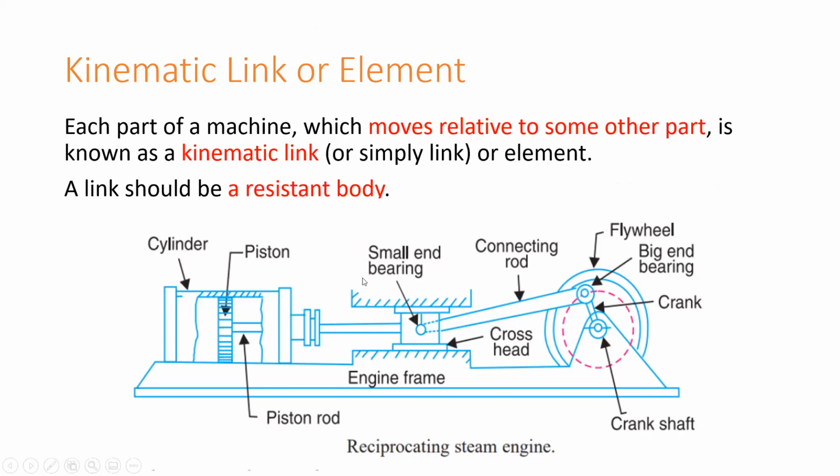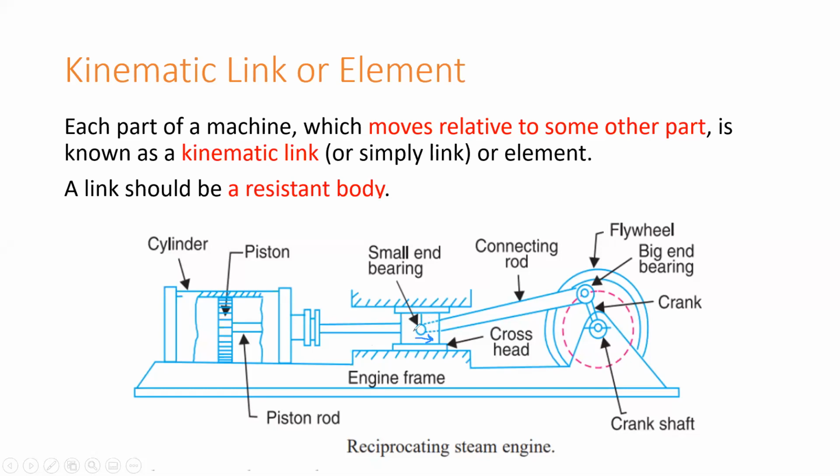Okay, this mechanism, let us understand. See how this mechanism works and how many different links there are. You can say that this part is the piston, and this piston slides in this guide, which is called the piston guide.